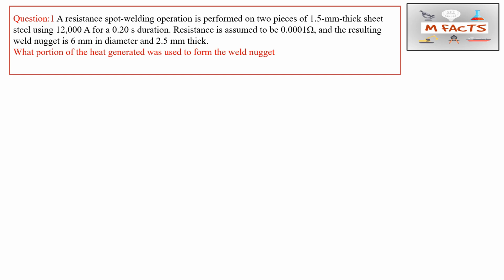So we know the heat generated. How to calculate the heat generated during resistance welding? I have already told you that heat generated in resistance welding is H equals I square R multiplied by T. So we need only the I value, R value, and T value. Let us find these values.